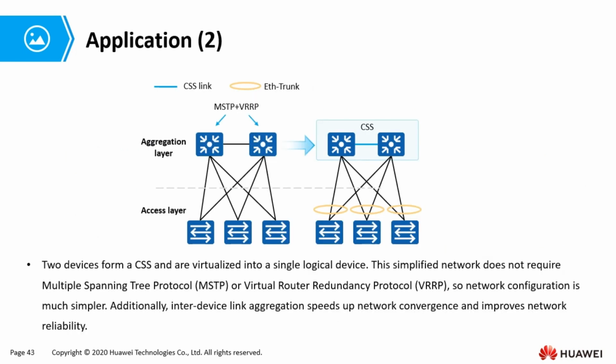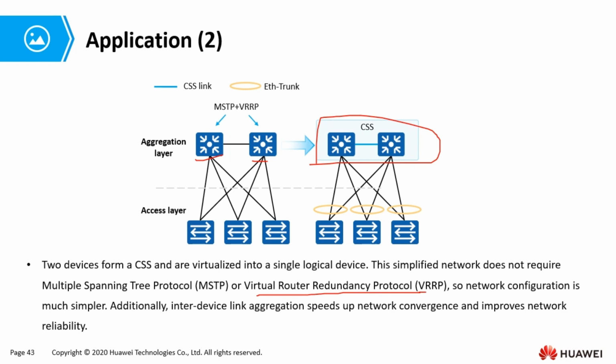Also, two devices can form a CSS and be virtualized into a single logical device. You have two switches but under a single one. This will simplify the network, and does not require multiple spanning tree or the Virtual Router Redundancy Protocol, VRRP.